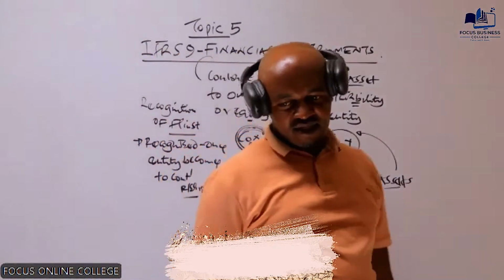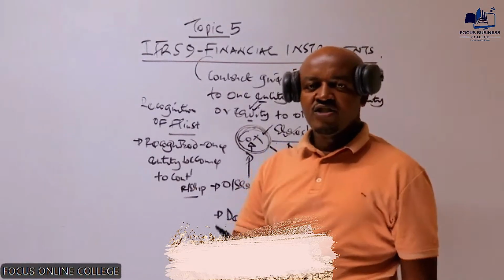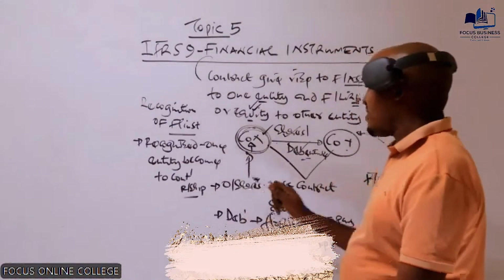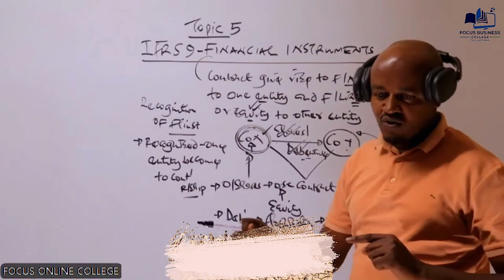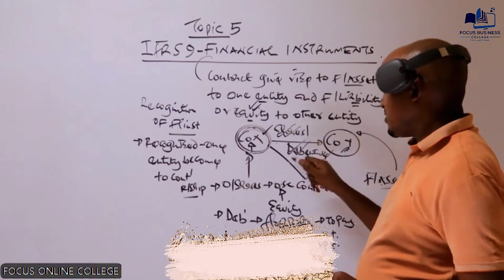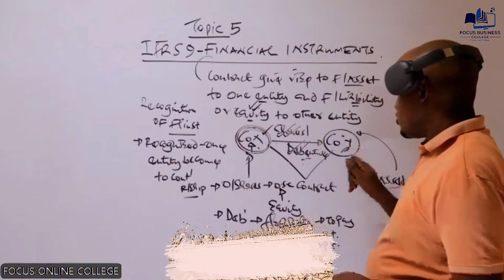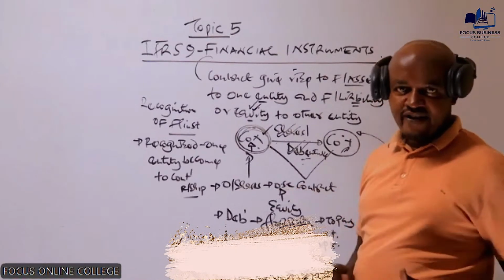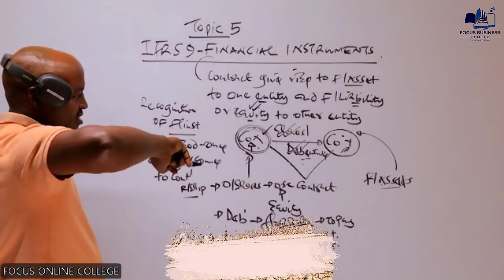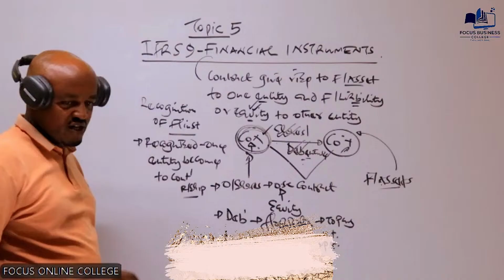It means that once this company has issued these shares or debentures, even if our company has not been paid, has not received cash for the shares or debentures which have been issued, our company has already become a party to that contract simply because it has already issued them. The same case, once this company purchased the shares or debentures issued by another company, even if it has not paid for them, it should go ahead and recognize that in its books of account as a financial asset. So therefore, according to IFRS 9, a financial instrument should be recognized in the company's books of account whenever an entity becomes a party to the contractual relationship.